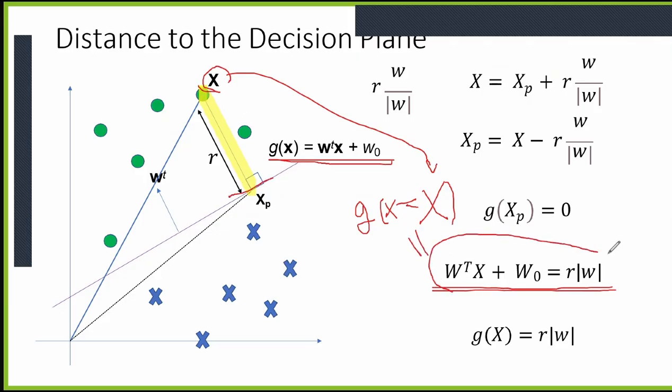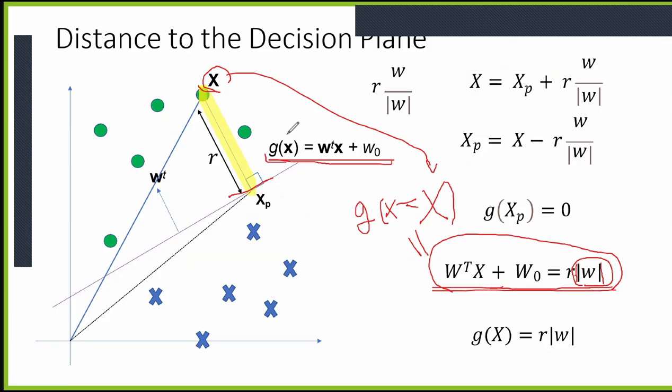Now we got this expression, which is saying that the distance from the linear decision boundary to this data point corresponds to r, the true geometric distance, multiplied by the length of the weight vector, the L2 norm, which is basically scaling the true distance.